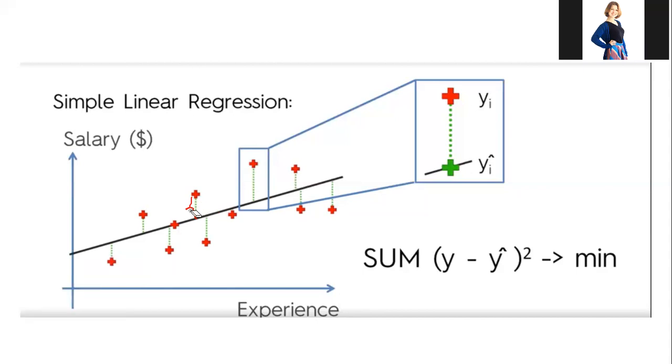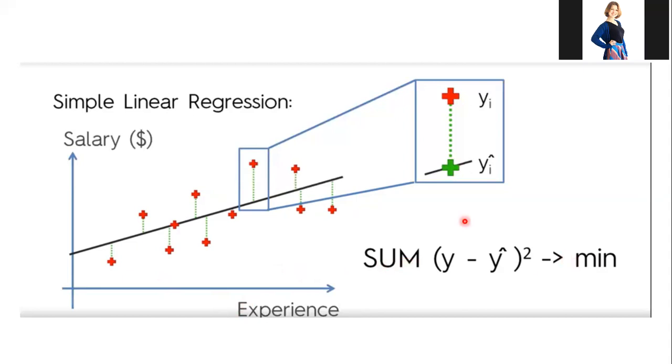So we need to find coefficients b0 and b1, which express this line and give us better prediction results. How could we do this?